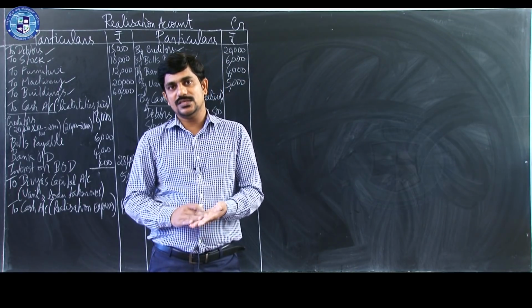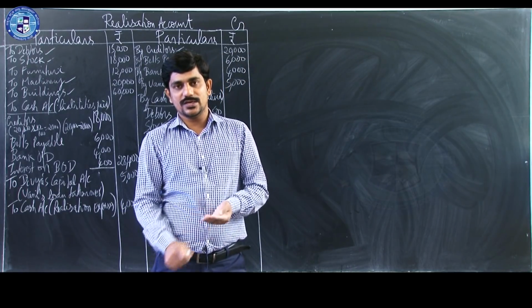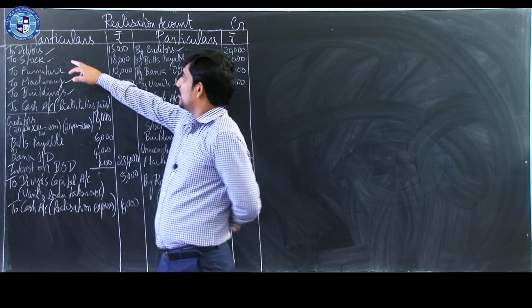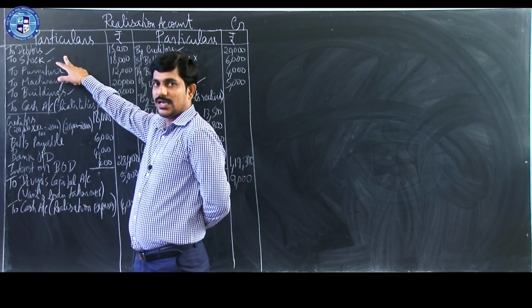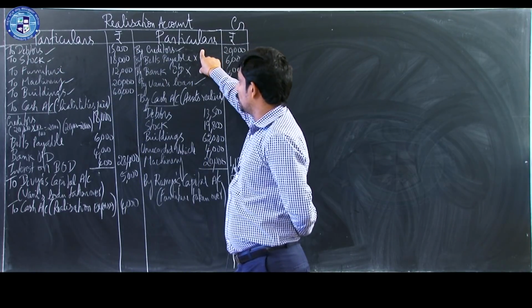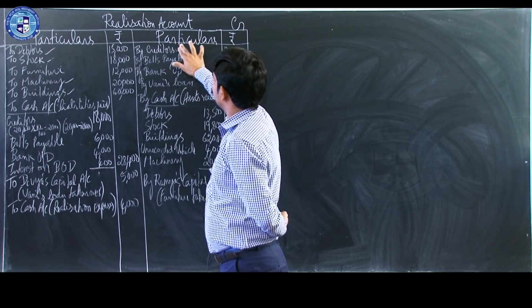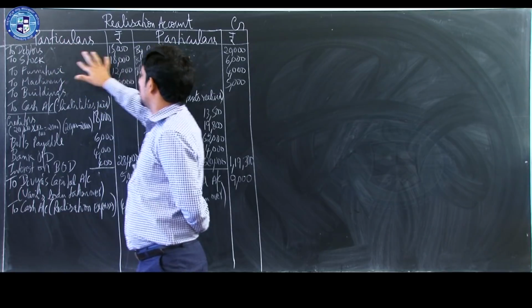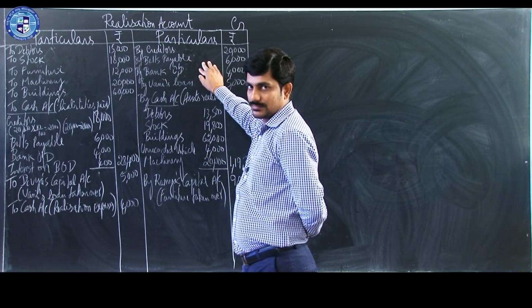We have to see which side is more, whether the debit side is more or the credit side is more. We have recorded all the 7 steps. Step 1 is transfer all the realizable assets to the debit side. Step 2, transfer all the external liabilities to the credit side.